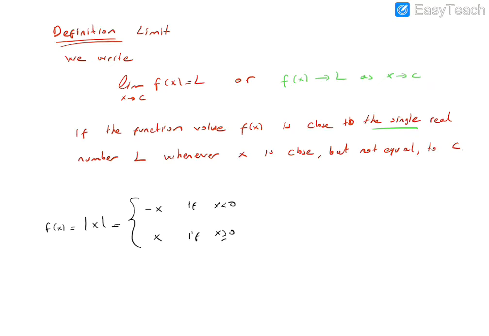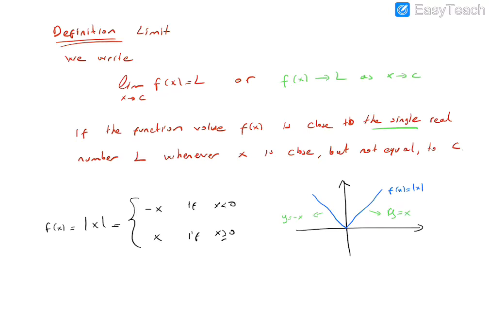This is the absolute value function, and the graph of the absolute value function looks like that: these two lines. This is the graph of f of x equals absolute value of x. Of course, somebody can say that the right hand side is the line y equals x, and the left side is the line y equals minus x.